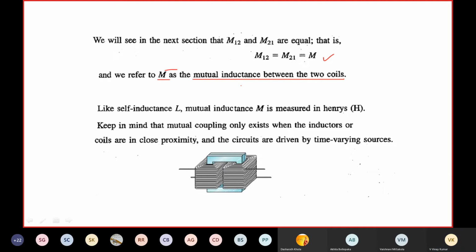Again, I will come back to this point. Like self-inductance, mutual inductance M is also measured in Henrys.